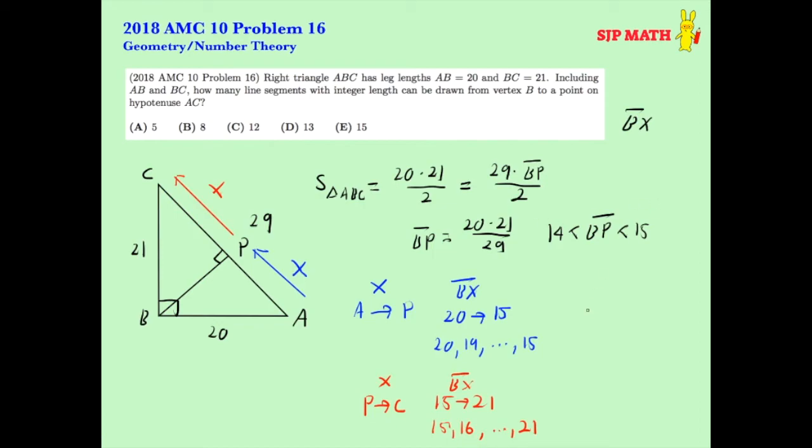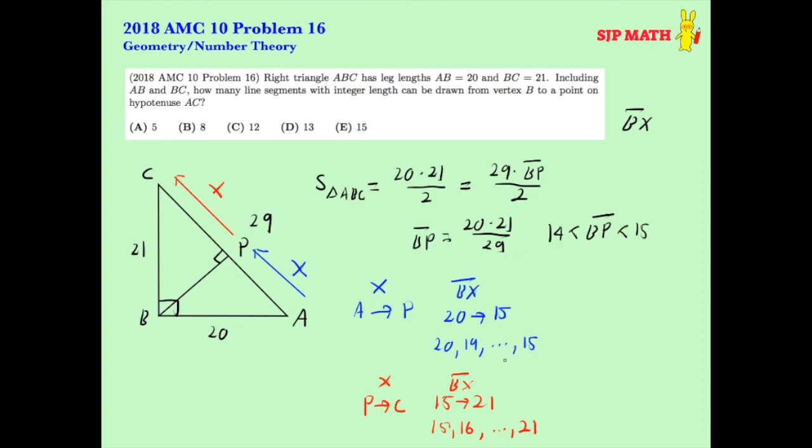So for all the line segments where the endpoint lies between A and P, the lengths of those line segments would be 20, 19, all the way up to 15.